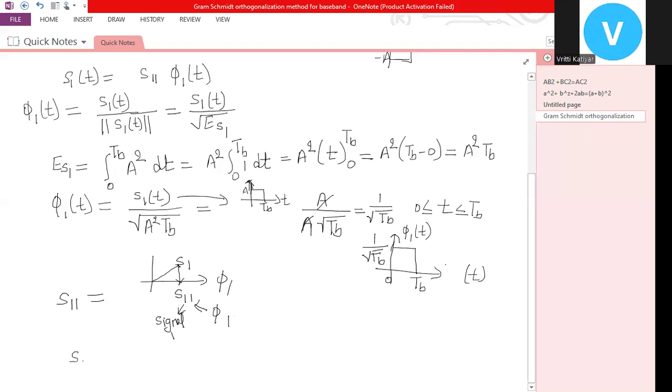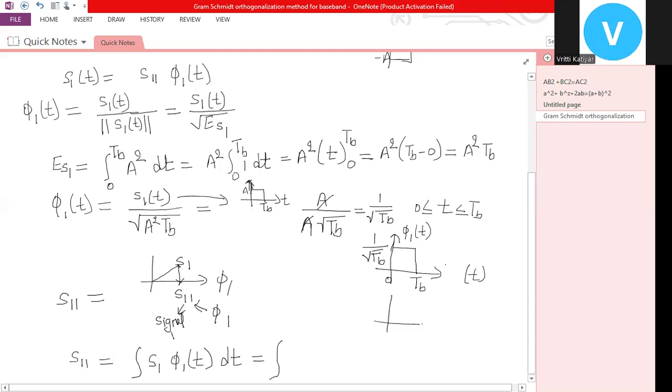So in this way, S11 can be represented as the common area between the signal S1(t) and the orthonormal basis function phi 1(t). As we have seen previously, if I draw here signal S1(t), then we come to know that the common area between the signal and the basis function is in the interval 0 to Tb.